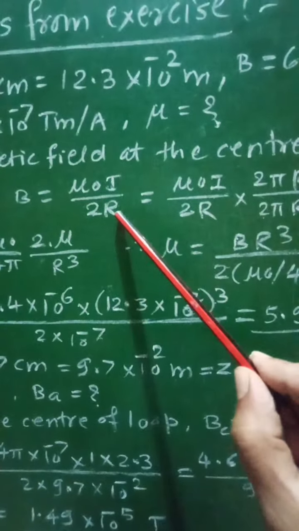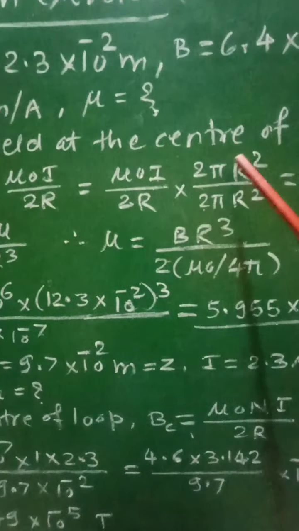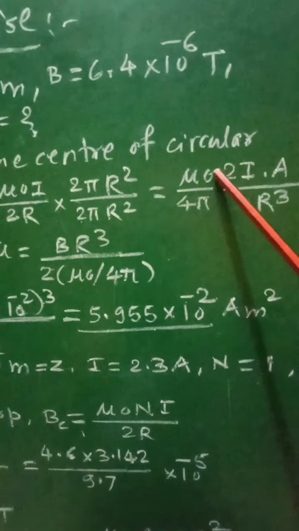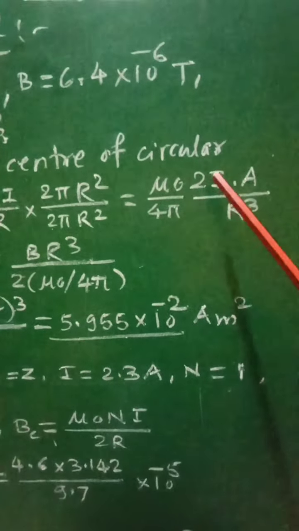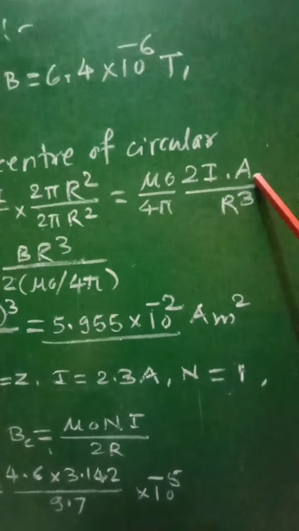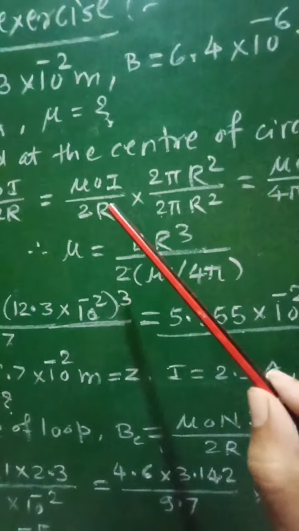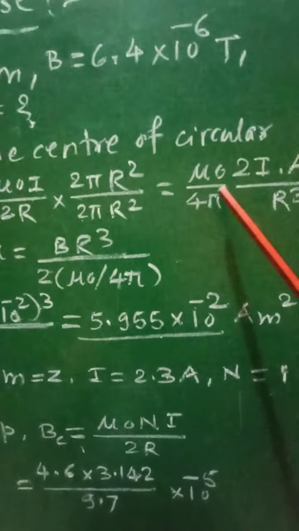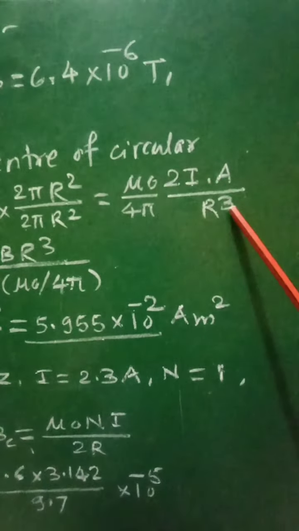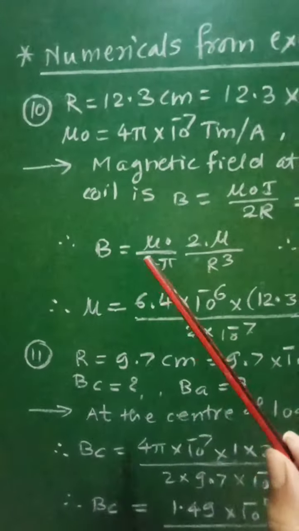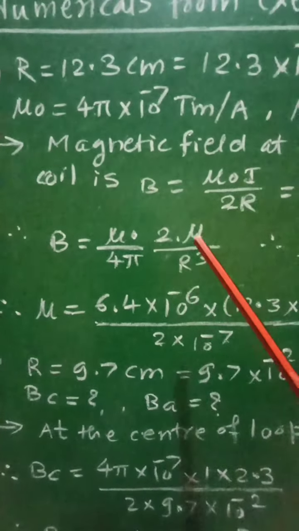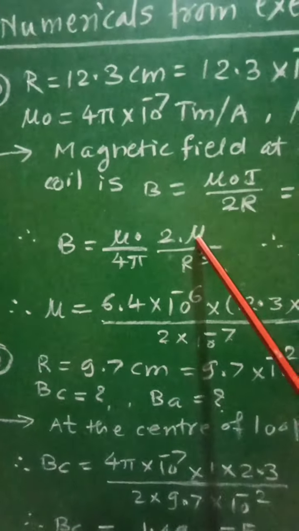This formula is multiplied and divided by 2 pi R square, and therefore it will be written as mu 0 upon 4 pi into 2IA upon R cube, where pi R square is equal to A. Therefore B will be equal to mu 0 upon 4 pi into 2 mu upon R cube, where this mu is equal to I into A.